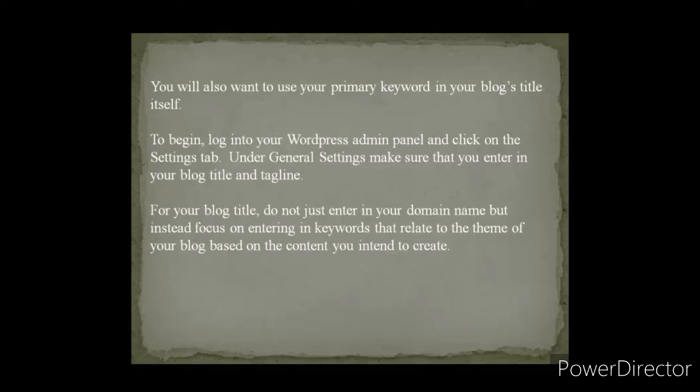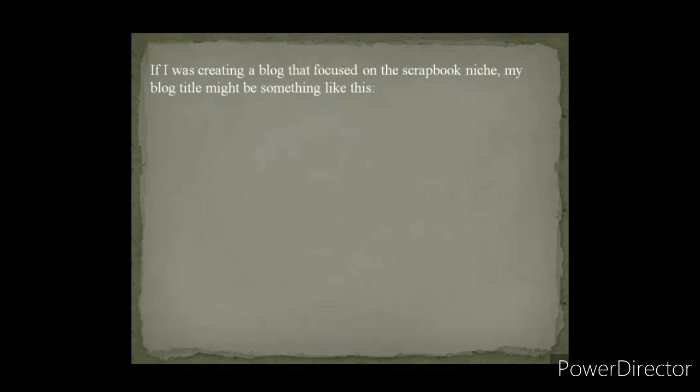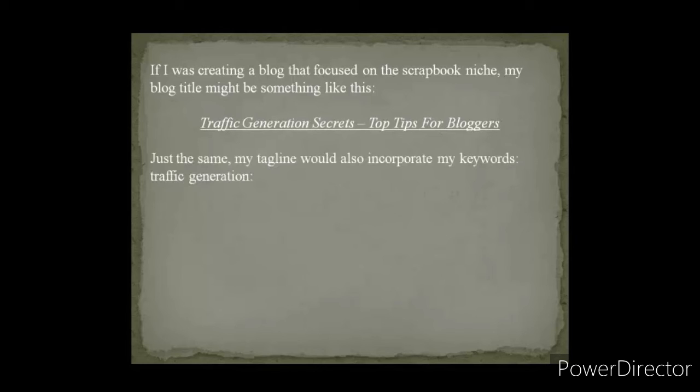For example, if I was creating a blog that focused on the scrapbook niche, my blog title might be something like this: Traffic Generation Secrets, Top Tips for Bloggers. Just the same, my tagline would also incorporate my keywords. Example: traffic generation, traffic strategies, website traffic tips for bloggers, etc.